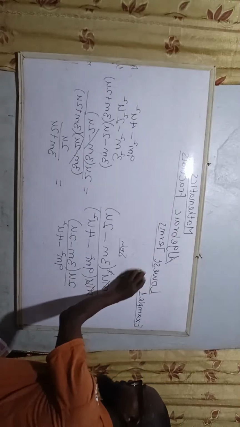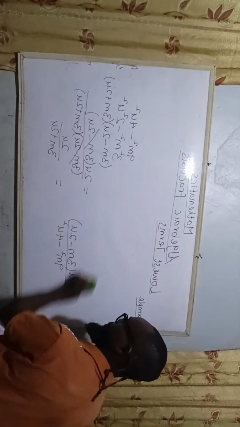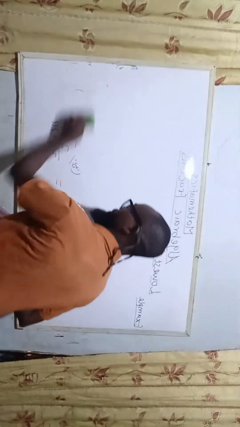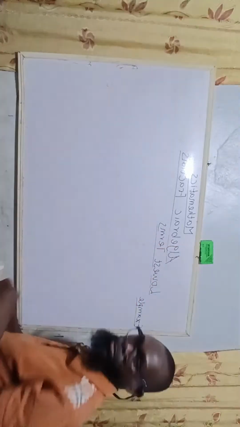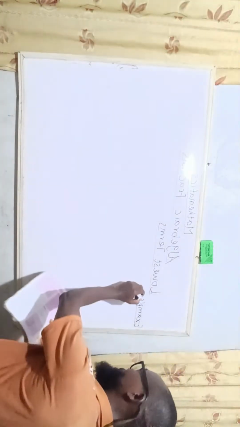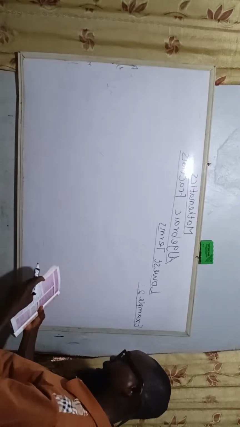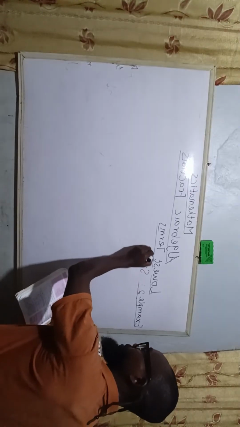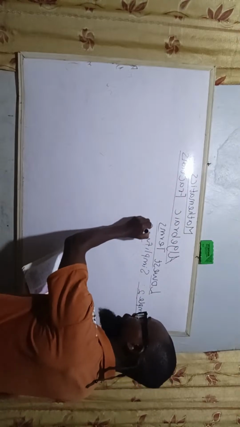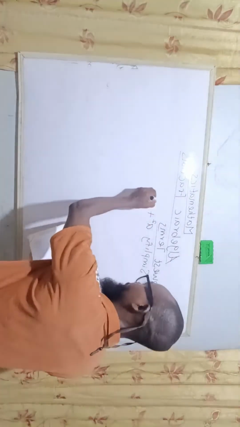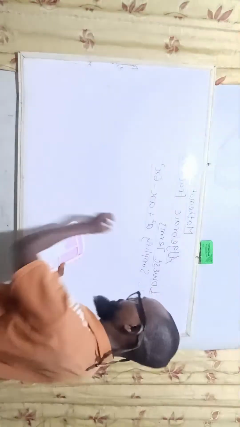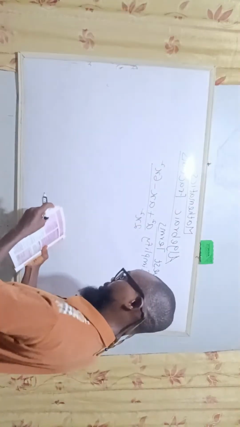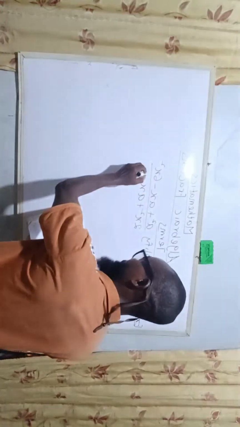Now, example 2. I have to simplify a squared plus ax minus 6x squared divided by 2x squared plus ax minus a squared.